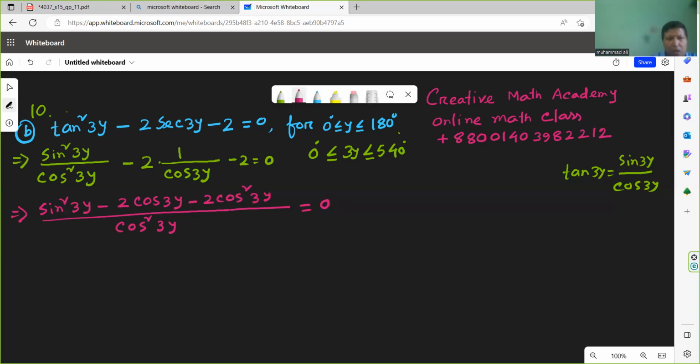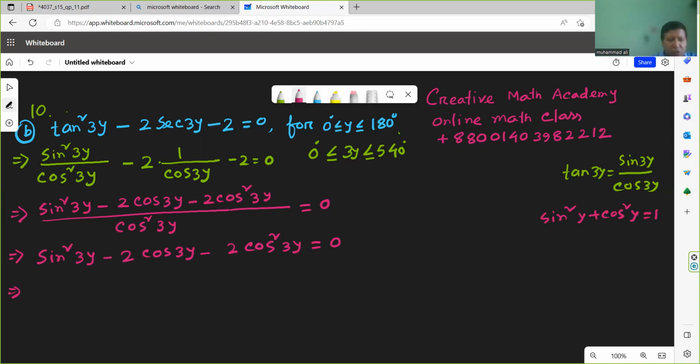After that, we will do cross multiplication. So we will get sin square 3y minus 2 cos 3y minus 2 cos square 3y equals 0. We know another formula, sin square y plus cos square y equals 1.